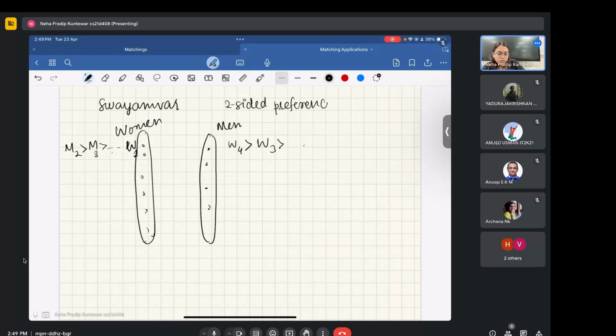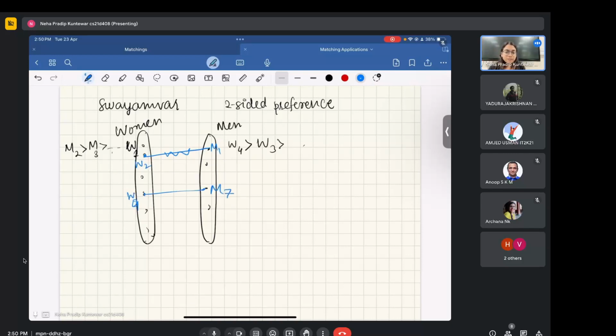and what you want to do is end up making matchings. So at the end you want to output something like this. So maybe W2 is married to M1, and let's say W4 is married to M7, and so on.